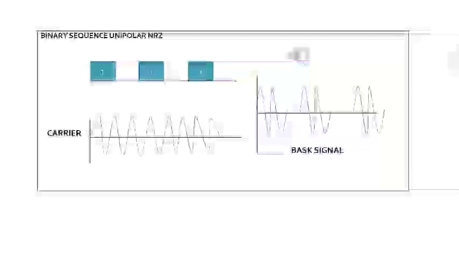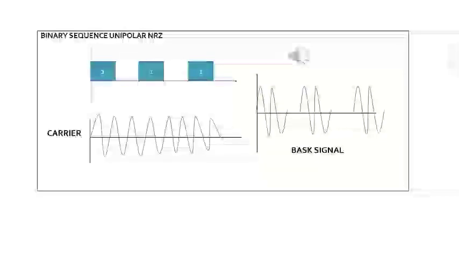It's unipolar. Now it is actually NRZ here. Binary sequence unipolar NRZ. NRZ means non-return to zero. In case of RZ, after half the time duration the signal comes to 0, while in case of NRZ it does not return to 0 after the half duration.